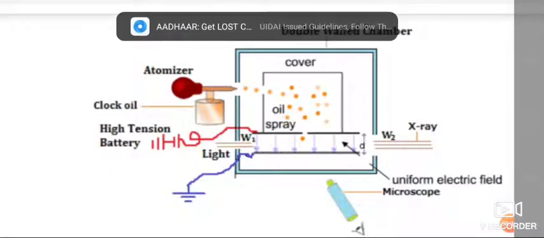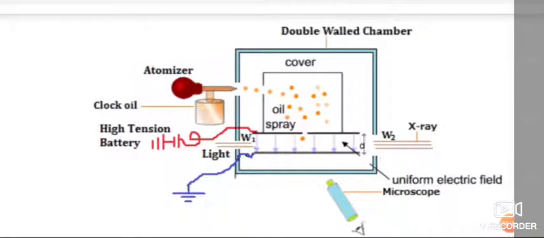He did the experiment called the oil drop experiment. It is given in your textbook also; you have to read the textbook content. A container has two separate parts. In one part we allow oil drops to fall through a small hole. Using an atomizer we spray the oil drops.